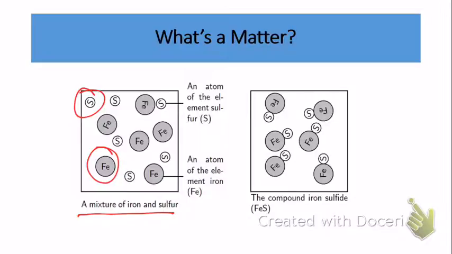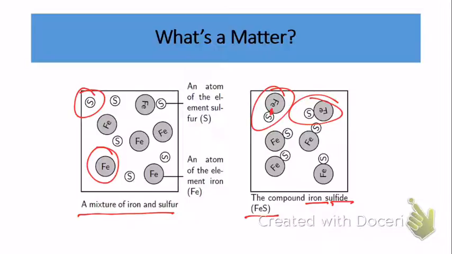Now, when we take these elements and they're actually combined to form a compound, then they're really connected together. And that connectivity shows you that we have a compound forming here. In this case, we're going to form the compound iron sulfide, which has a formula of FeS. And so it has a 1-to-1 ratio as well.